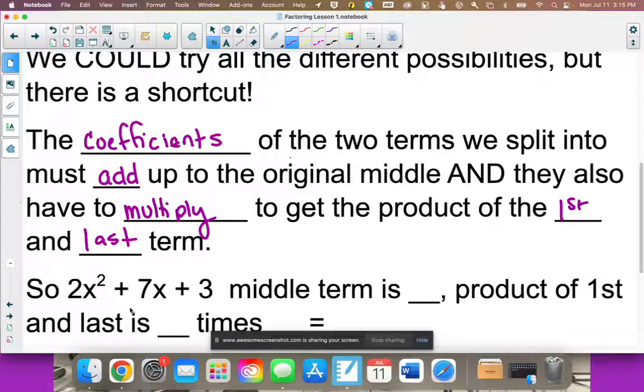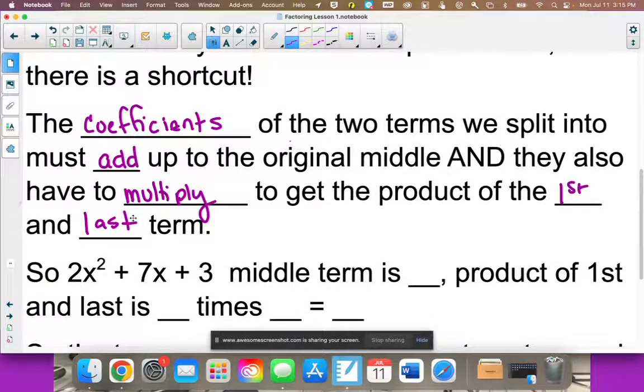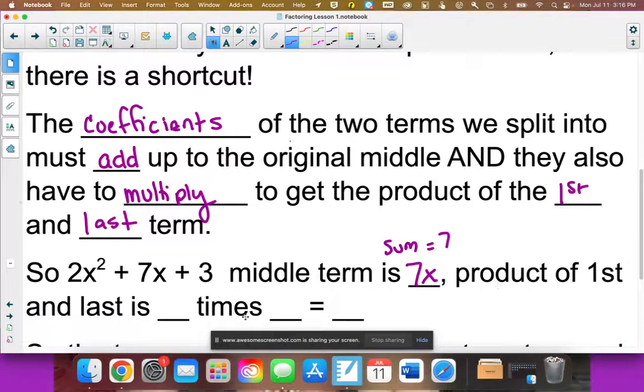Okay, so this is where it gets a little interesting. So I have 2x squared plus 7x plus 3. So the middle term, right, is 7x. So I know for a fact my sum must be 7, period. Because the 2 numbers have to add up to give me 7, or this whole thing doesn't work at all. The product of my first and last.